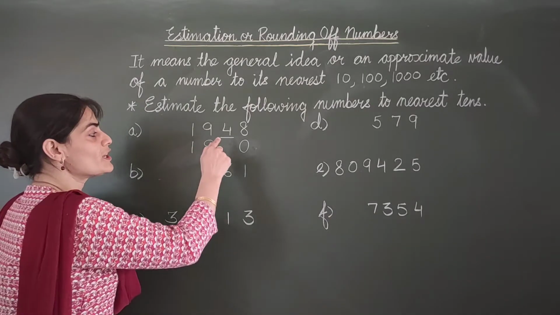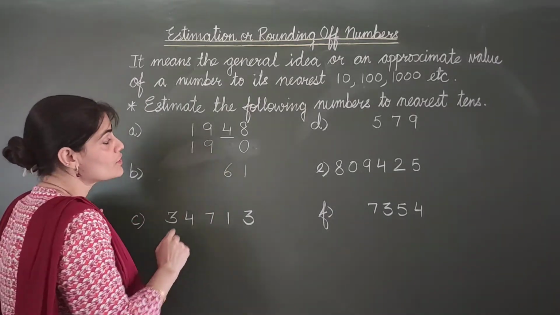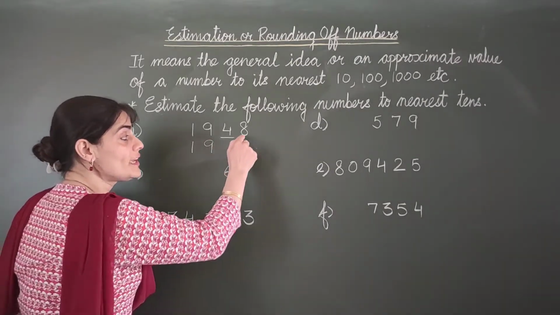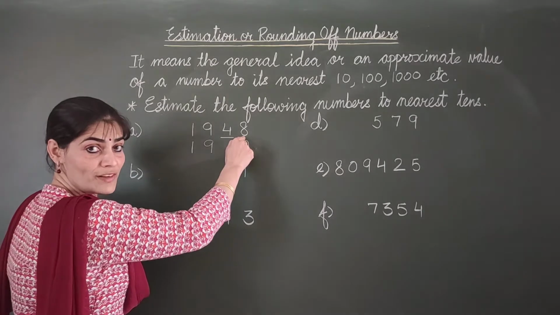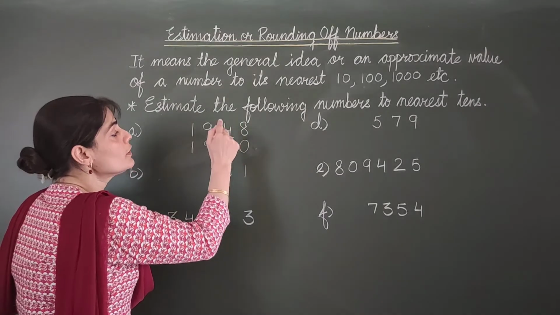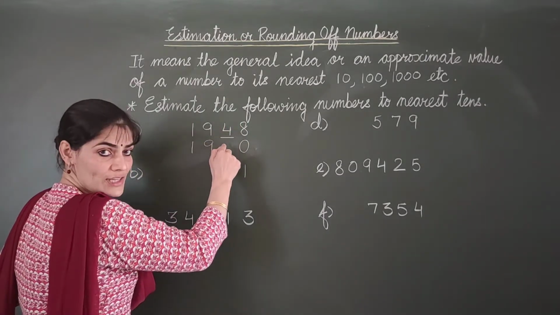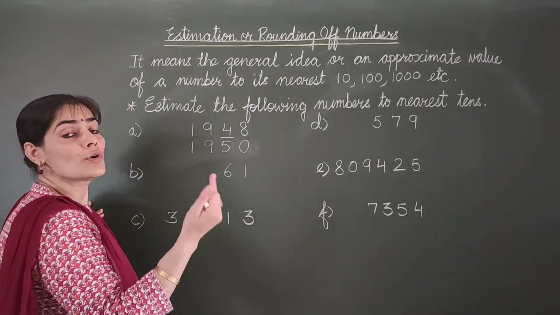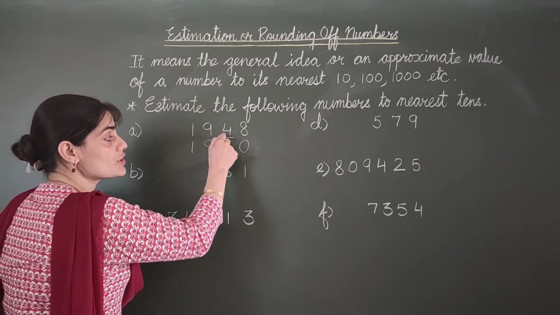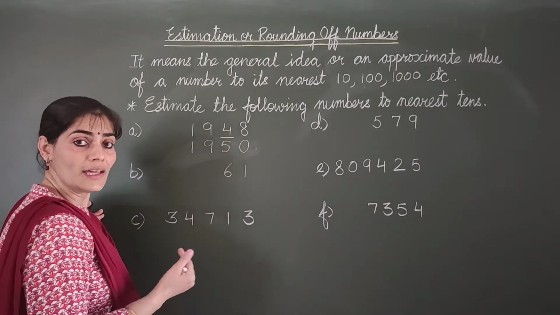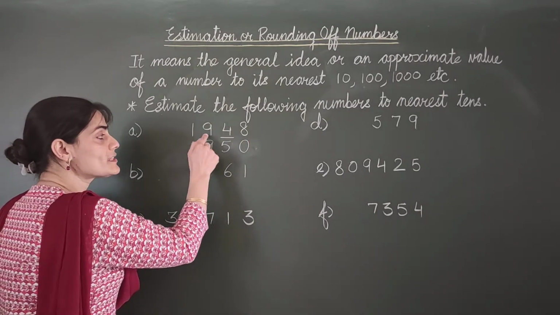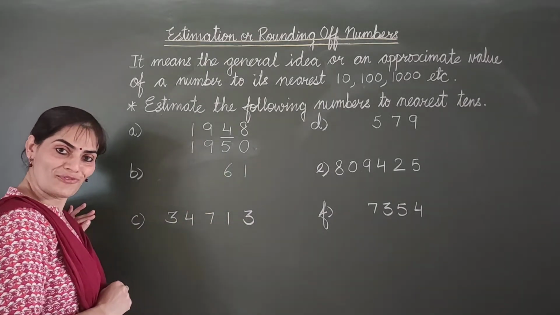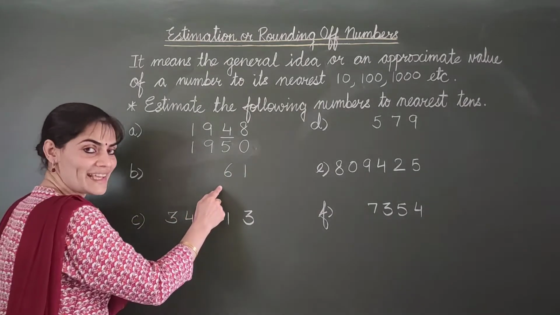So let's observe what do we have at ones place. We have 8 here. That means it is more than 5, children. So this digit 4 is increased by 1 and replaced by 5. So this number is rounded off to 1950.